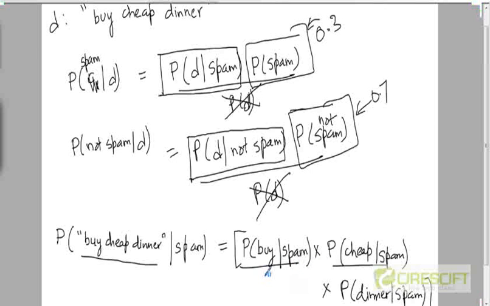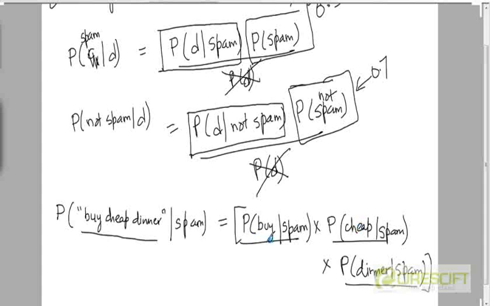So it's just the collection frequency of buy in documents of the spam class. This similarly will be the collection frequency of the word cheap in documents of the spam class. And note that by collection frequency, I mean the number of times buy appeared in the spam class in the training phase.